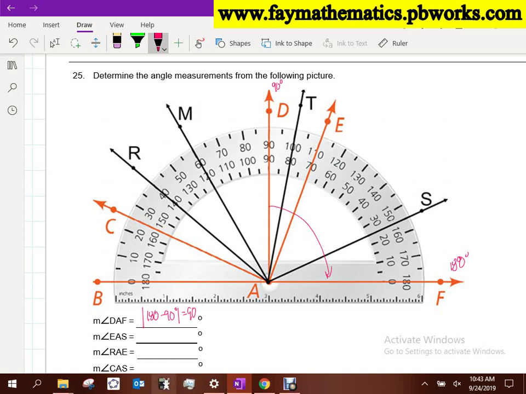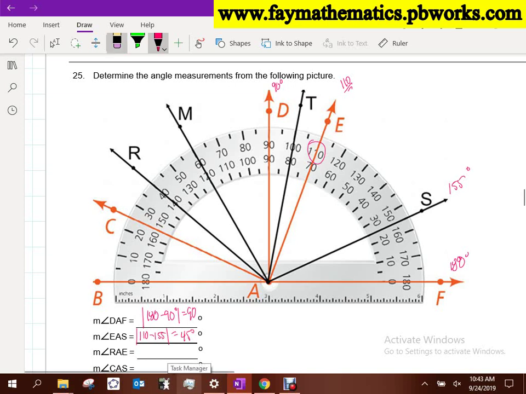We're going to do the same thing for EAS. E is passing through 110 if I use that top row, A, and then S is going through 155. So I'm going to take the absolute value of 110 minus 155, and that's going to give me 45 degrees.